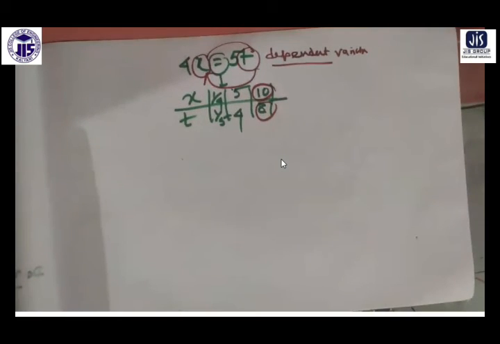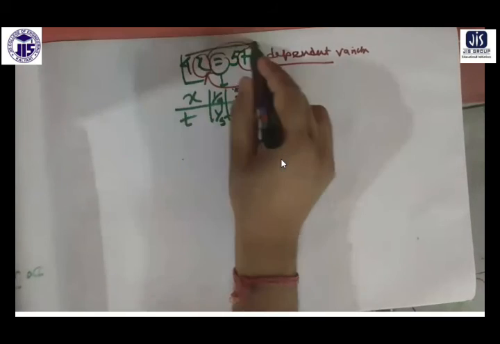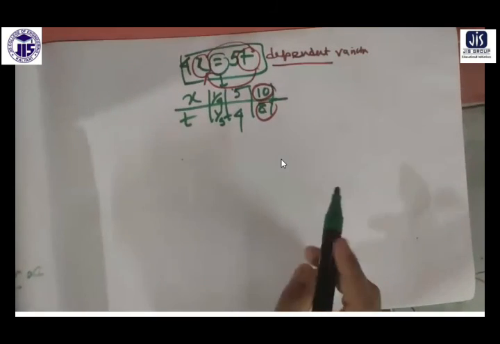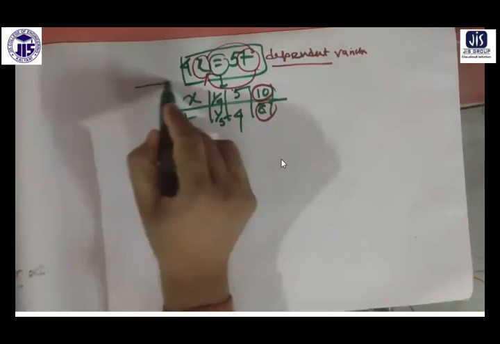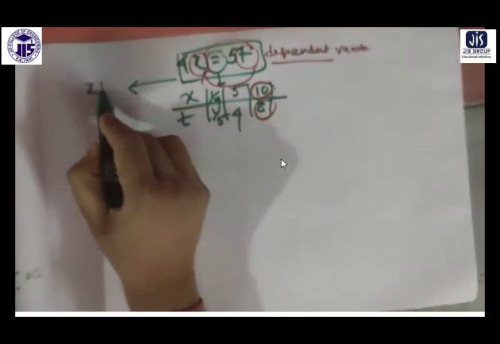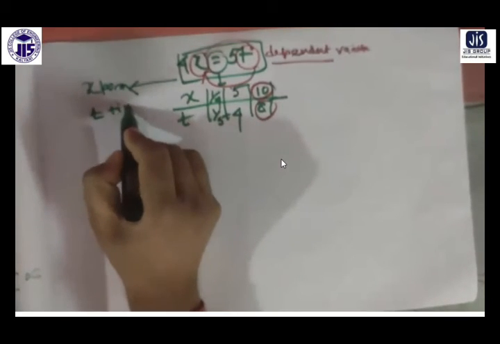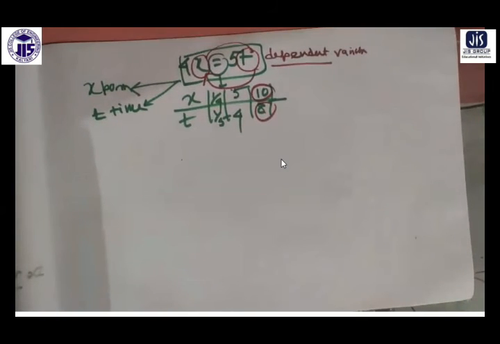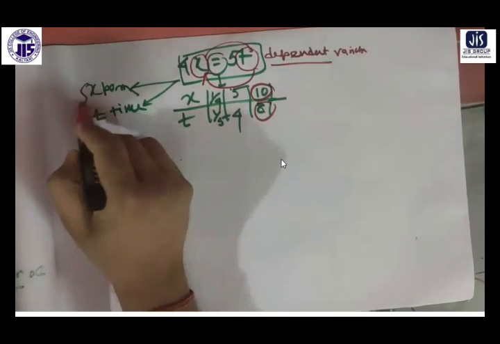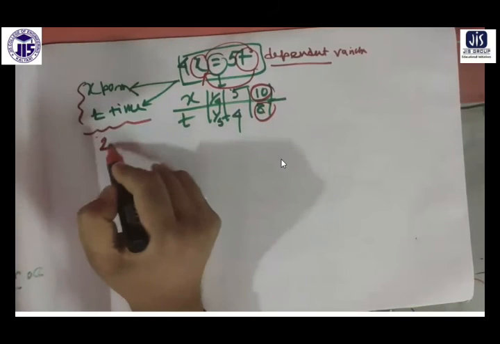So at least it is possible here if these two depend on each other. But in our problem, x means position, and t means time. Position and time are two independent variables.